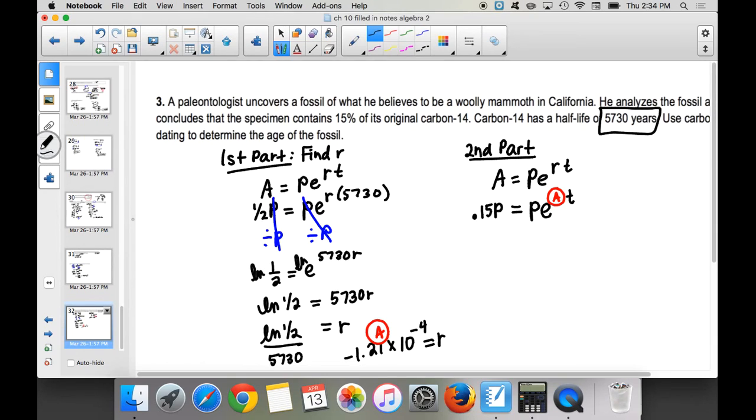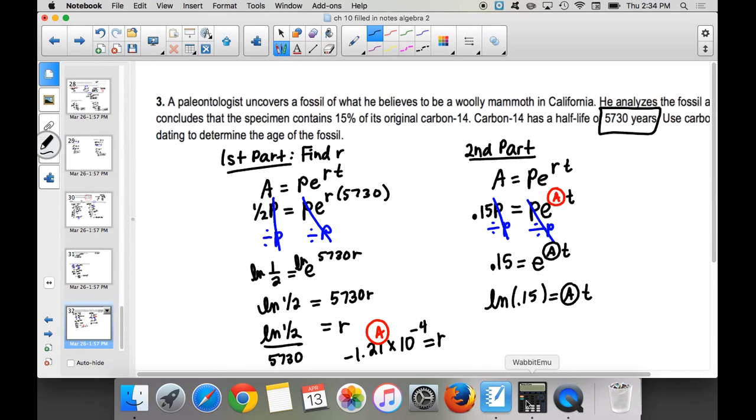Okay, this is pretty hard. Do you guys understand this? It's a tough question. And then we divide by P, and those P's go away, so the P didn't matter. So I get 0.15 equals e to the A times t. Natural log of both sides: natural log of 0.15 equals A times t.